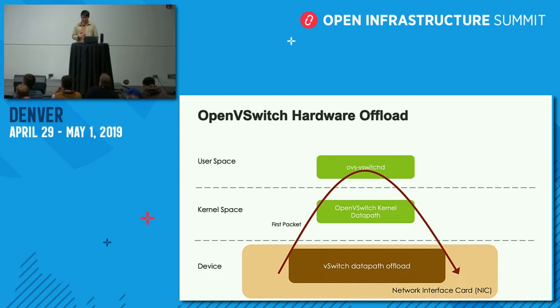The decision depends on several things, such as OpenResearch's configuration, specific OpenFlow actions, hardware NIC's configuration, and the capabilities. If everything goes well, OVS-VSHD will download the instructions to hardware data path, and all subsequent packets are forwarded in hardware NIC directly without operating system getting involved. This is OpenResearch hardware offload.